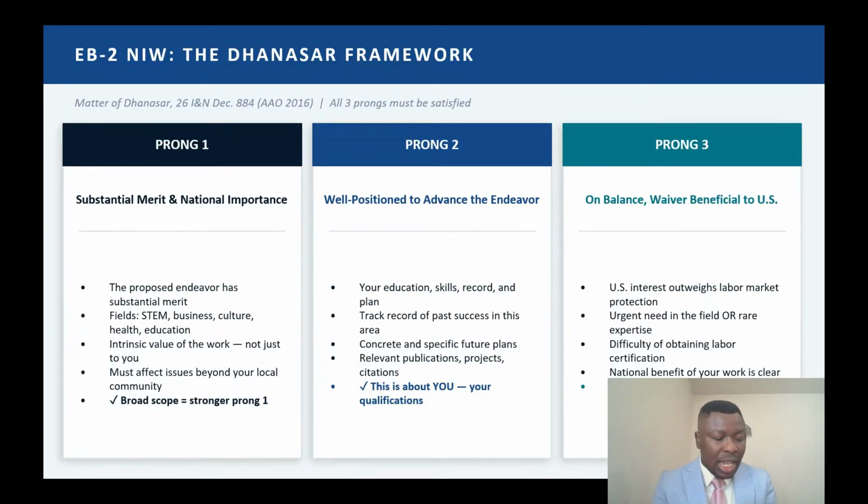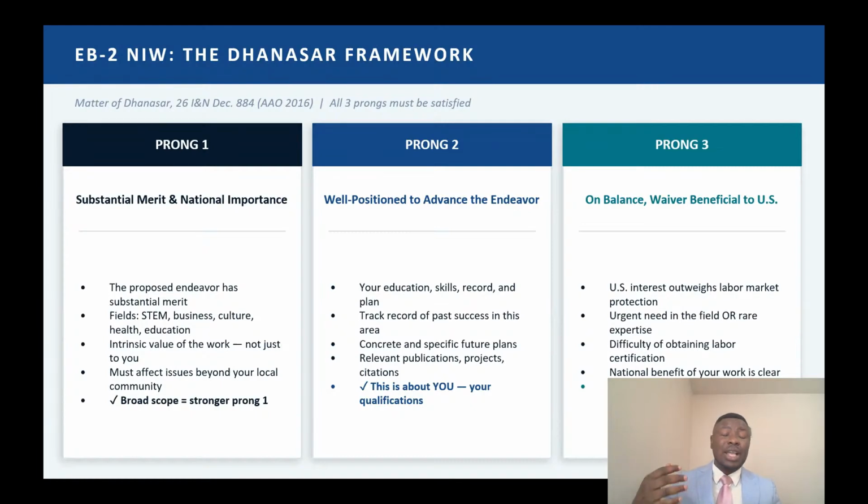So, after you establish your eligibility, as far as EB1 and EB2 are concerned, remember that for EB2 you need at least a bachelor's degree plus 5 years of experience in a particular field, a master's degree, or a PhD.